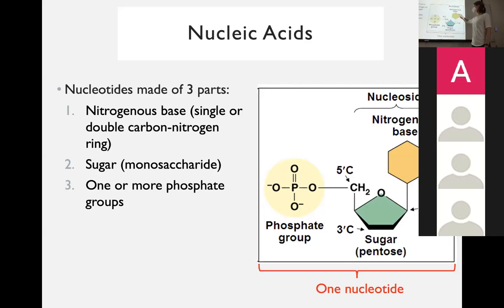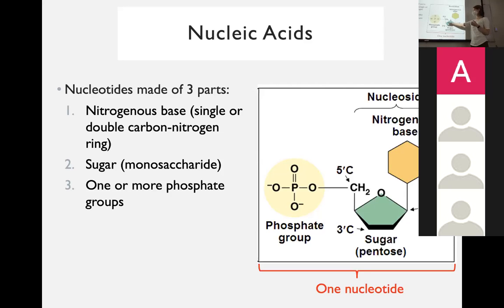So again, the intersection points here are all just carbons, right? So it's a carbon nitrogen ring, sorry, that's why it's a nitrogenous base. And you can have 1 or you can have 2 attached to each other. I'm not going to get into the difference between those 2, but I'll show you an example where there's a couple, basically a 2-ring nitrogenous base or just a single ring. You'll learn about those when we get into the DNA chapter.